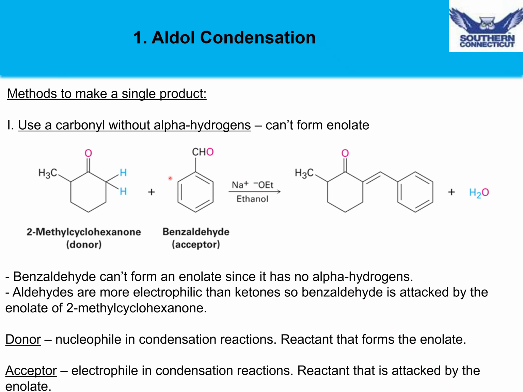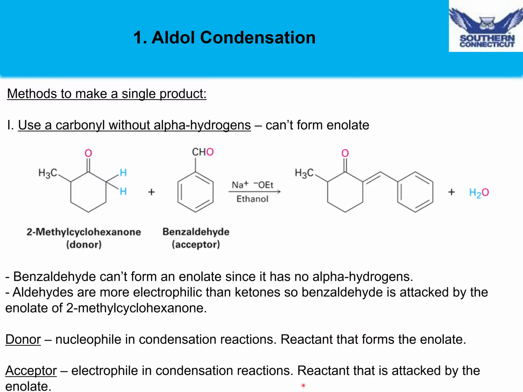And then also notice that benzaldehyde is more electrophilic than a ketone. So once you form an enolate from this ketone, it would always attack the aldehyde. That would be the electrophile. And as a result, this is the only possible aldol product from this cross-aldol reaction.